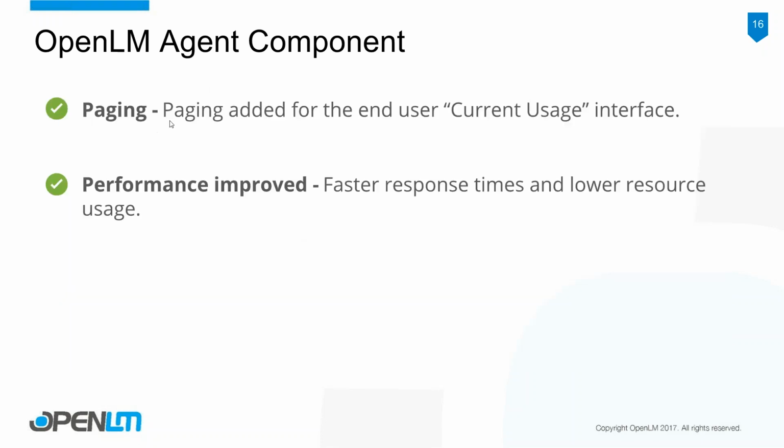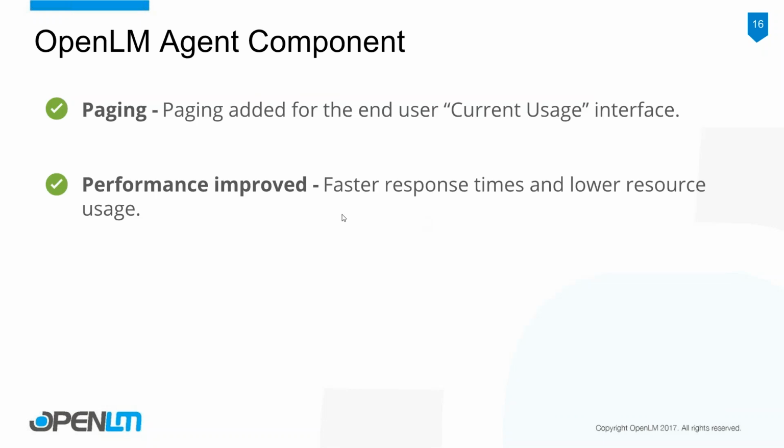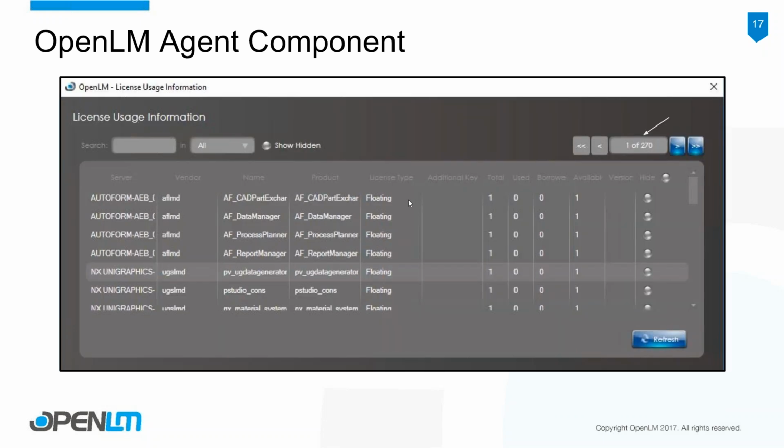This is all due to the paging capabilities we've added to the end user interface of the OpenLM agent. As you can see here on the right, the OpenLM agent end user interface now has paging ability. You can page left or right. The data refresh is per page, so it's much faster, with much lower resources taken from the system.